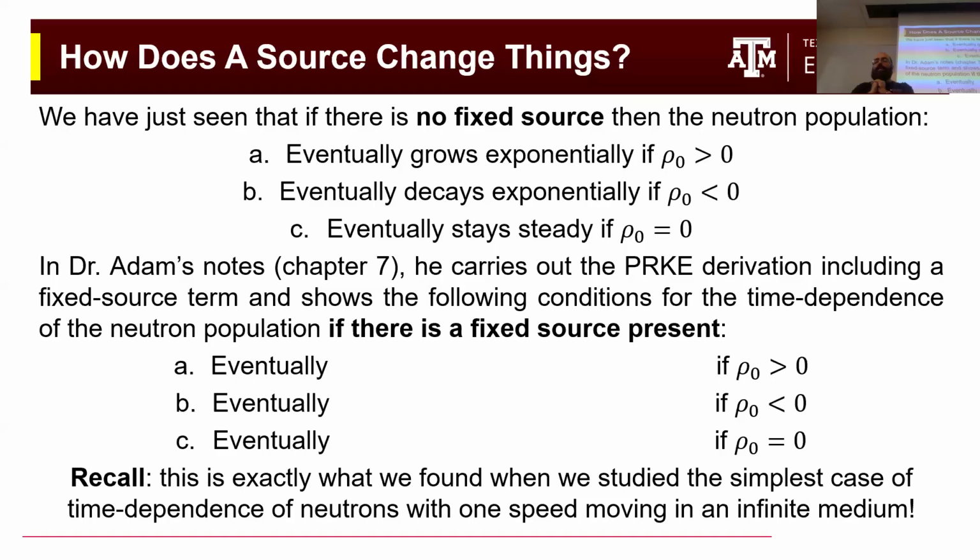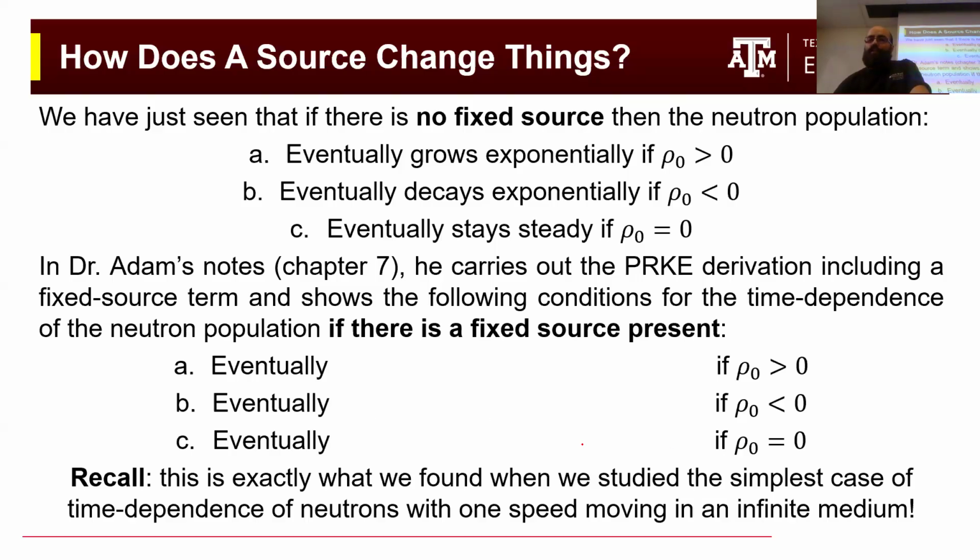So if the neutron source is producing 10 neutrons per second, then after 1 second, there are 10 new neutrons in our medium. And if our system is critical, then those 10 neutrons are going to produce 10 new neutrons, because the production is balanced with the loss. So if you have a fixed source present and your system is critical, your system is just going to grow linearly based on the strength of your source.